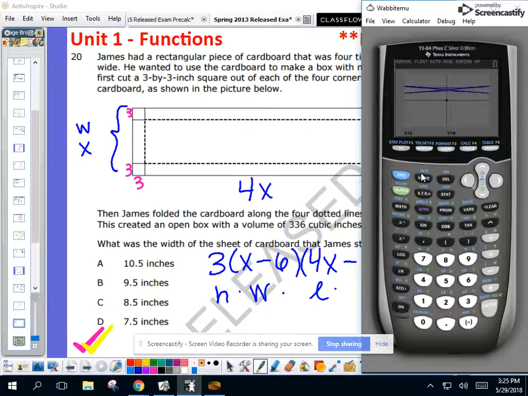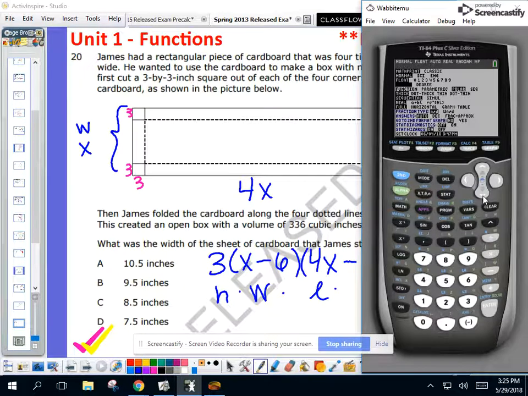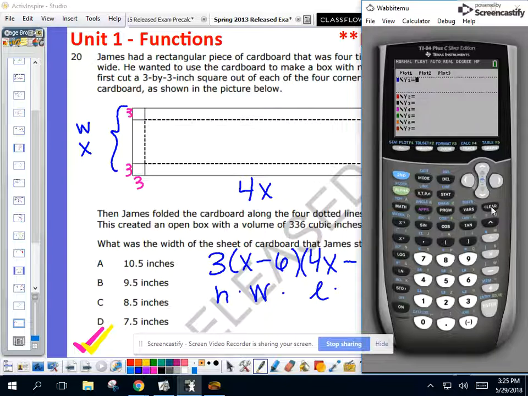We can jump straight to our calculator now that we have this set up. We go back to our function mode. Degrees, radians, it doesn't really matter, but we can enter this in as 3 multiplied by x minus 6 multiplied by 4x minus 6. Our y2 we can have as 336, and before I graph that, I know I'm going to have to change the window.